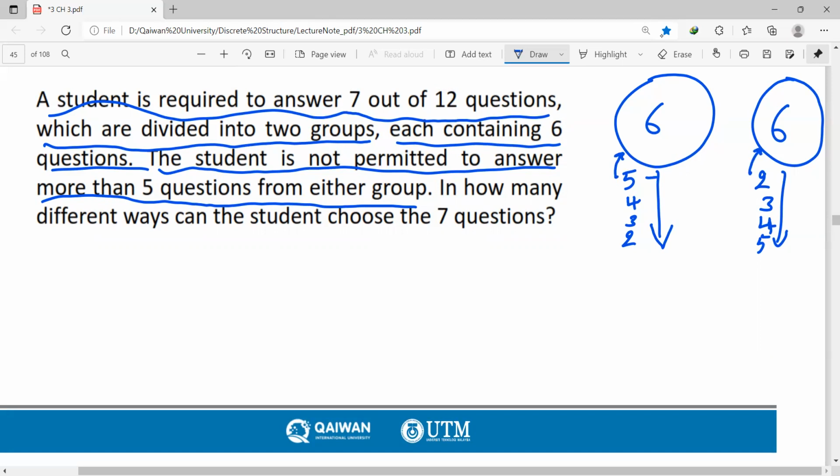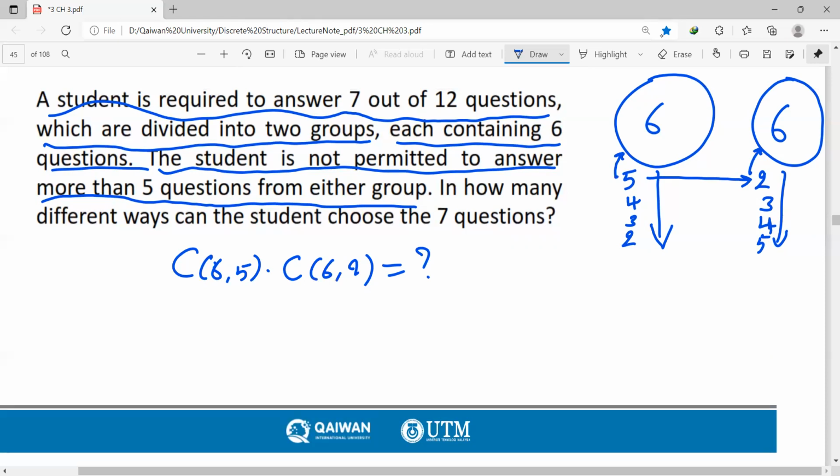In each case we multiply them. That means it's C 6 and 5 multiplying by C 6 and 2. So what's the result here?